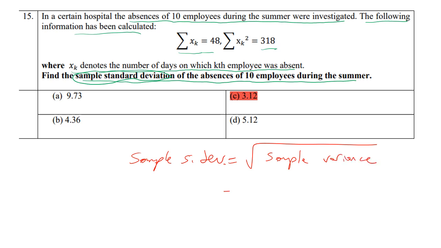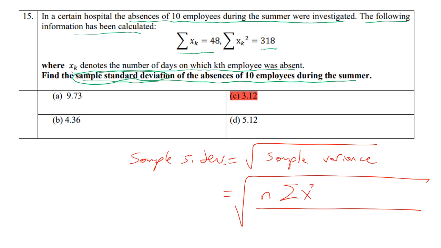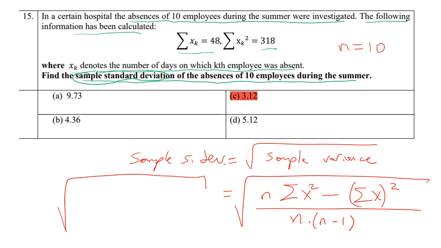So how can we get the sample variance? We have to write the formula here. The formula is n times the sum of the squares minus the sum of the x's squared, divided by n times n minus 1. Here n is the number of employees, which is 10, and the rest we will just put in the formula and then find it.